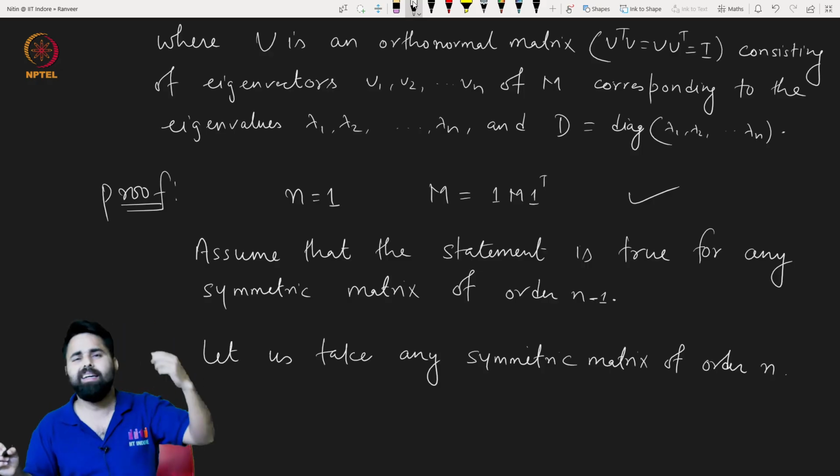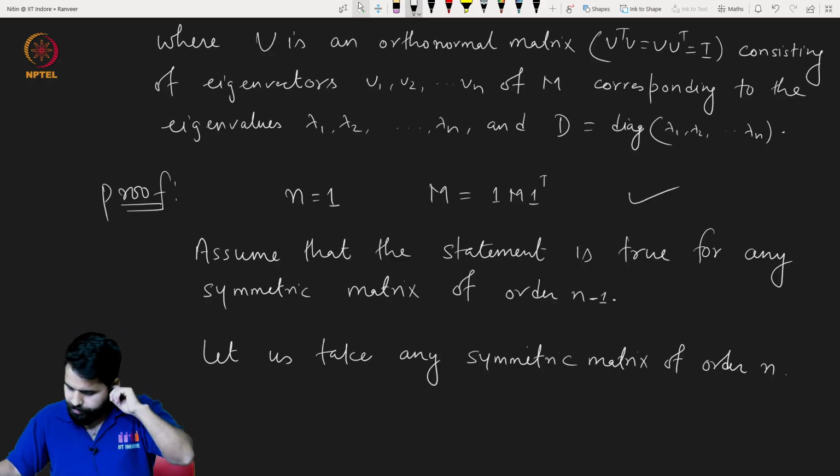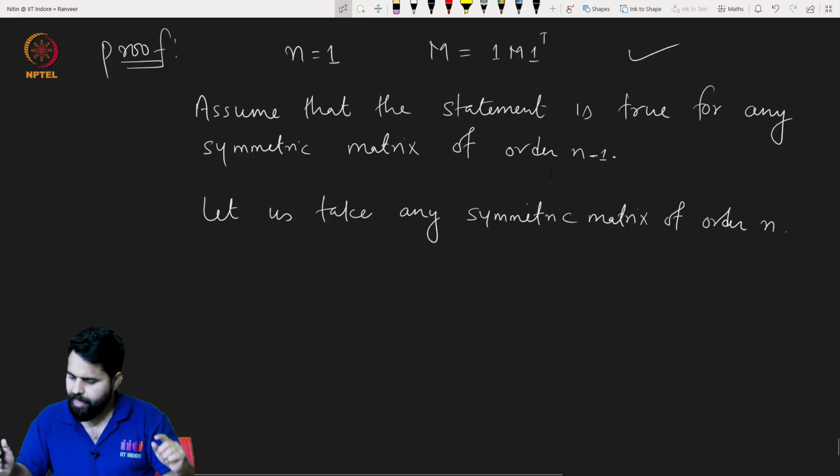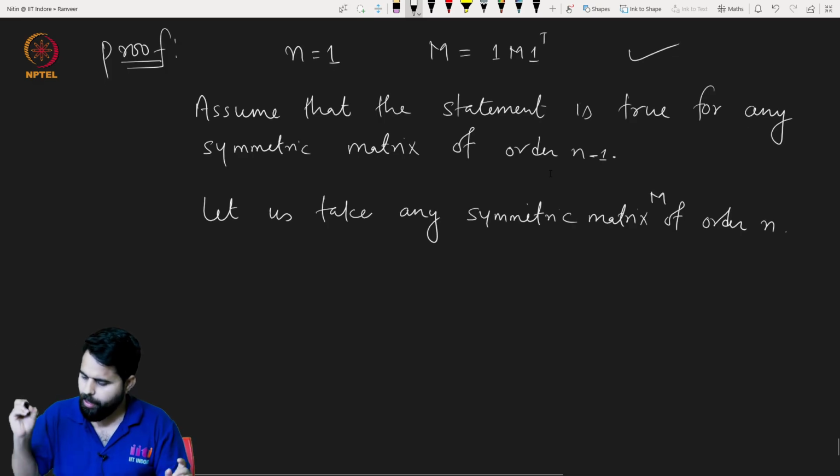Very good. So let it be M. Now, any symmetric matrix M of order n.